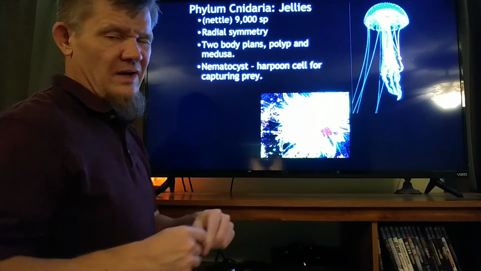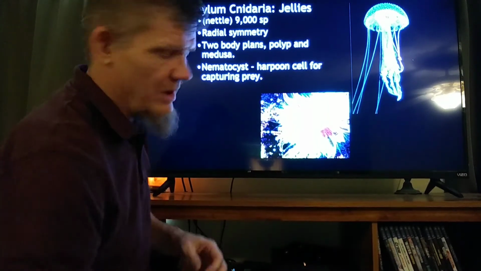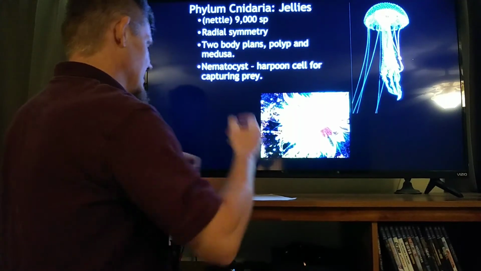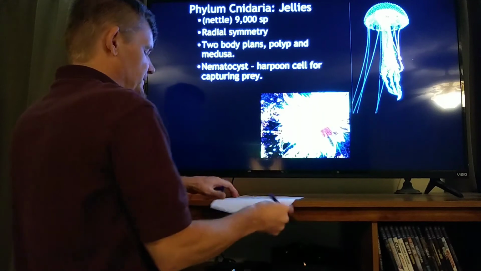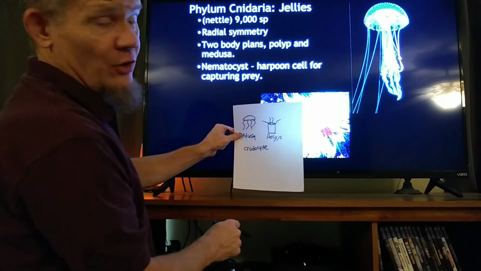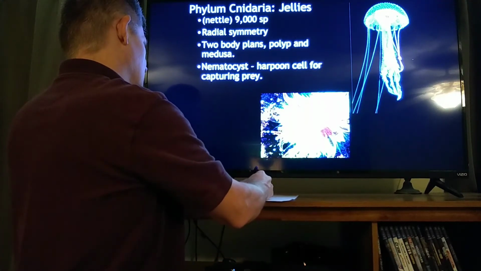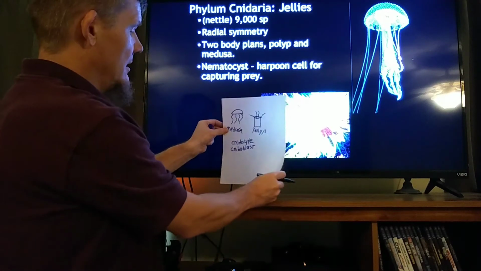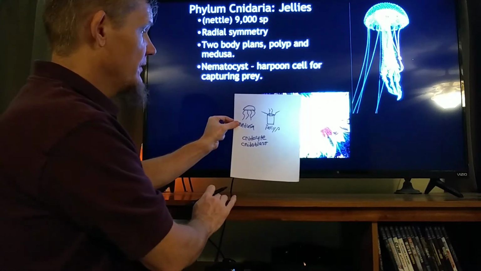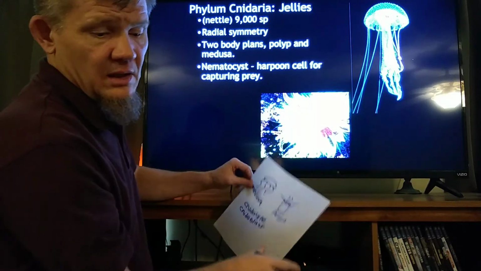It's got a bunch of different names. You can call it a nematocyst, a cnidocyte, or a cnidoblast. They all mean the same thing. They all refer to the stinging cell of a jelly.